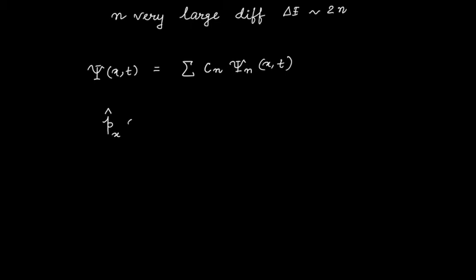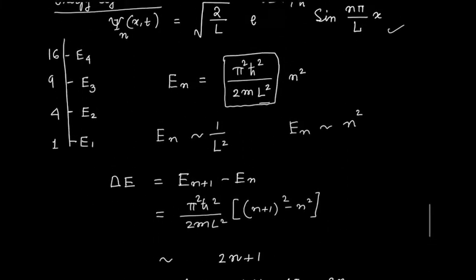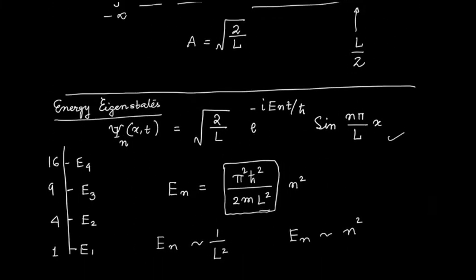So I just operate on these eigenstates of energy with P. Now P, if you remember, is minus i h cross del x. So I have to just use this on my wave function. Now this part of the wave function doesn't have any x dependence, it will just come out.